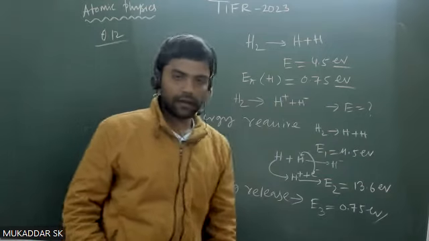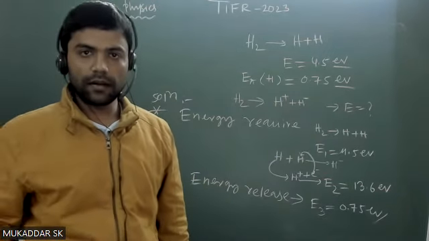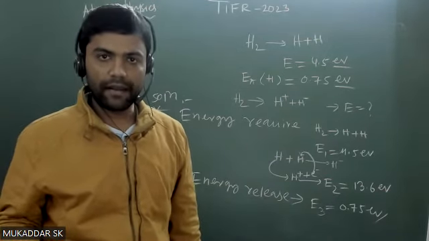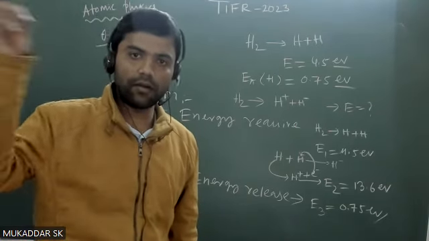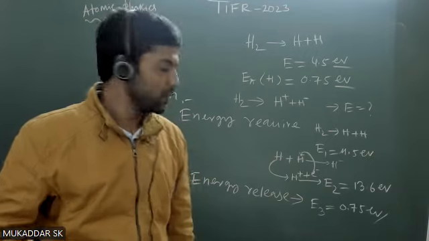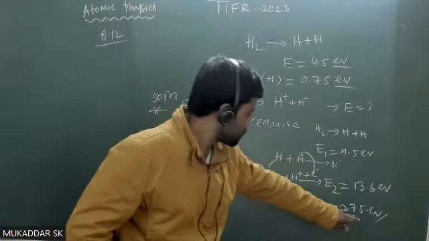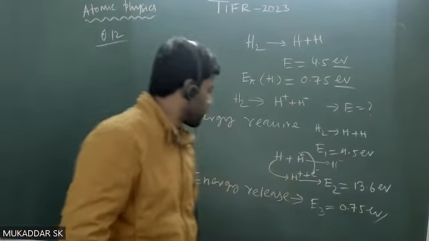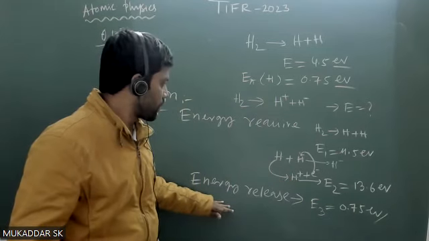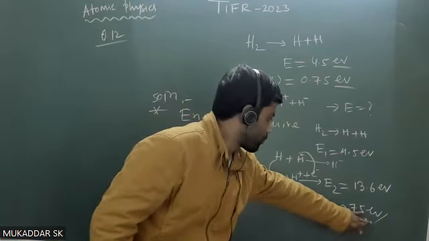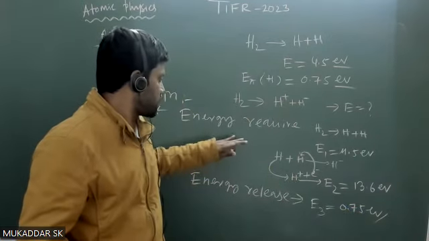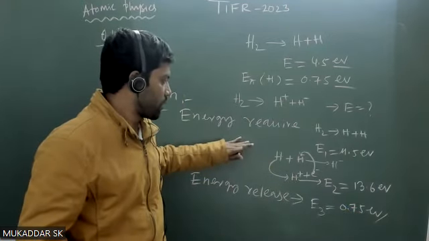The electron affinity is the energy released from the atom when you add an electron to that atom. So the energy release E3 is 0.75 electron volt.